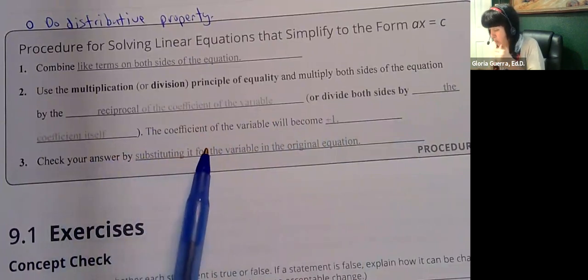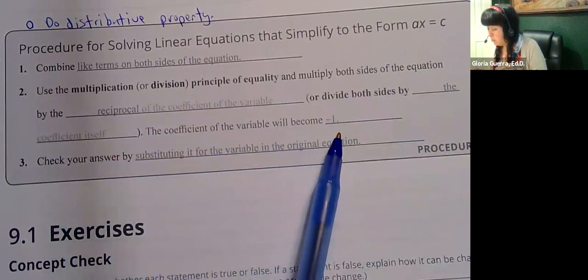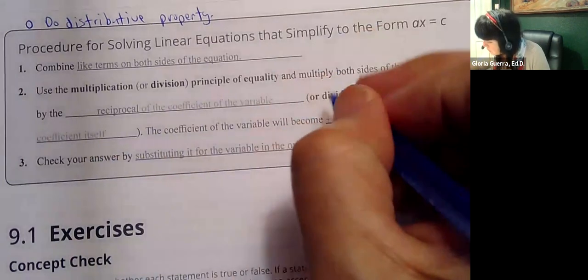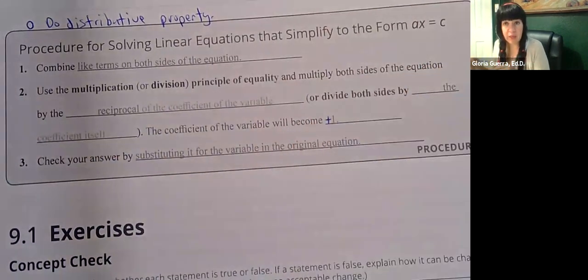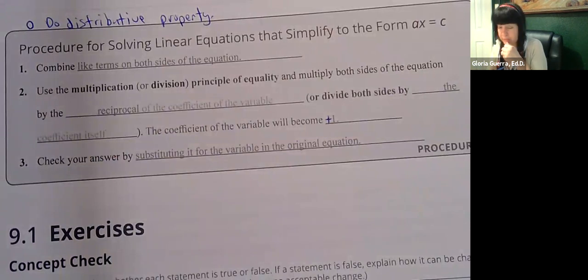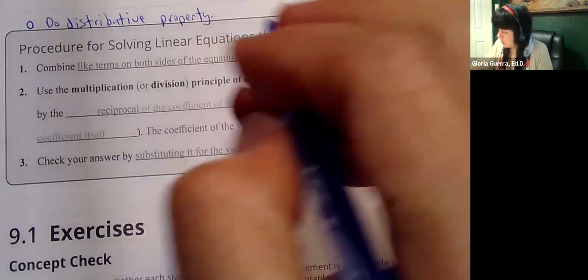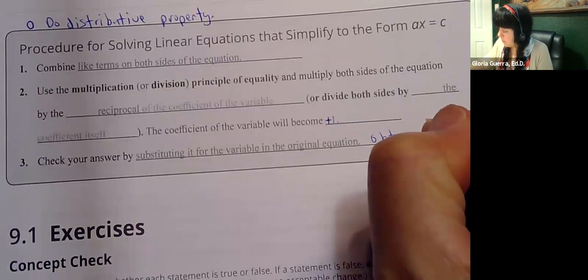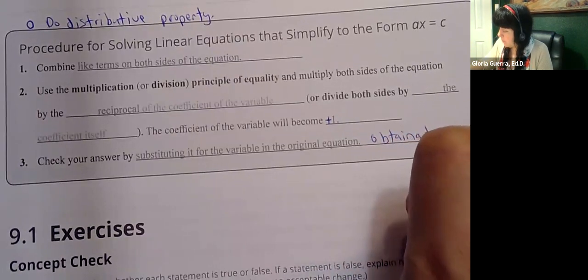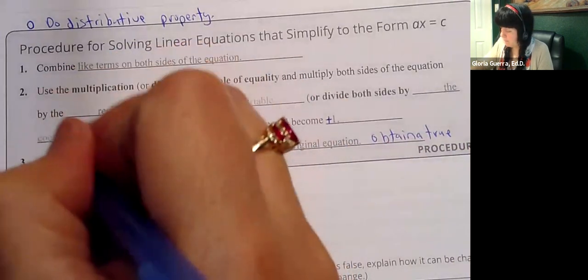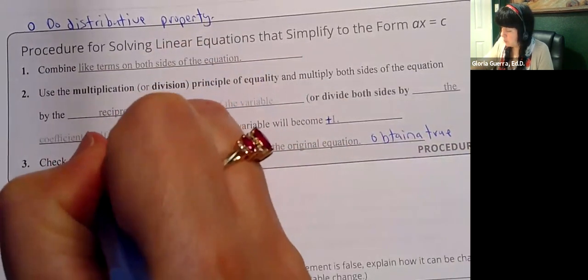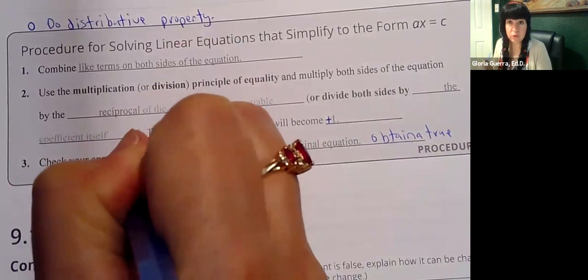The coefficient of the variable will then become a positive one, 1x or 1a or 1c equals something. And then they recommend that you check your answer. You would substitute your answer for the variable in the original equation, and you want to obtain a true statement. If you get true, then feel comfortable that it is a solution.